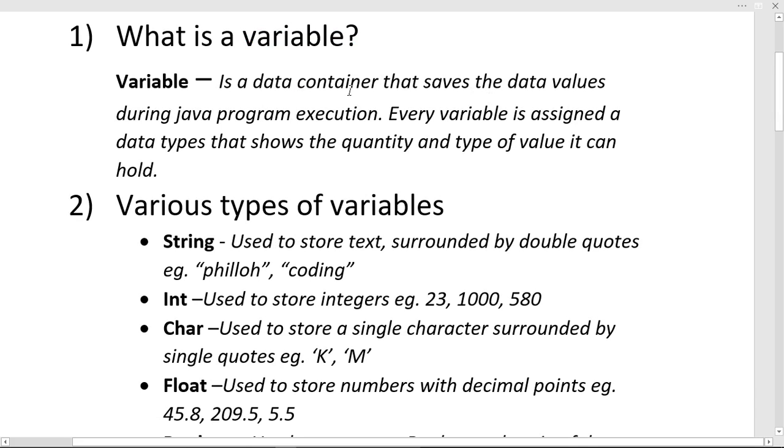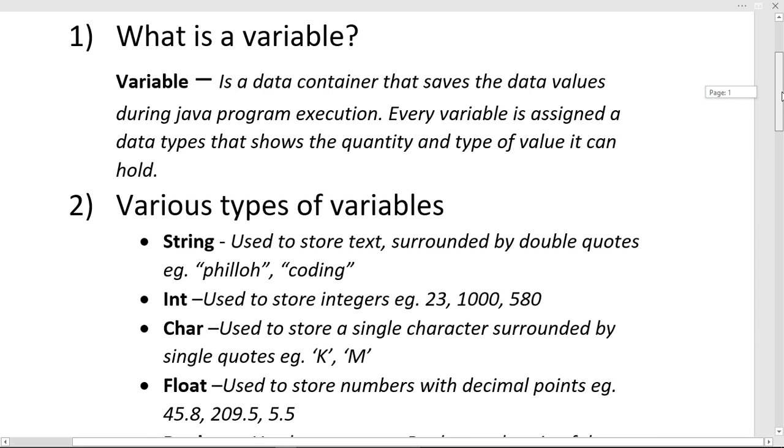You'll learn that a variable is a data container that saves data values during Java program execution. Every variable is assigned a data type that shows the quantity and type of value it can hold.